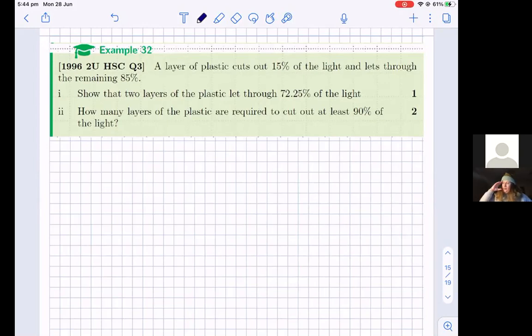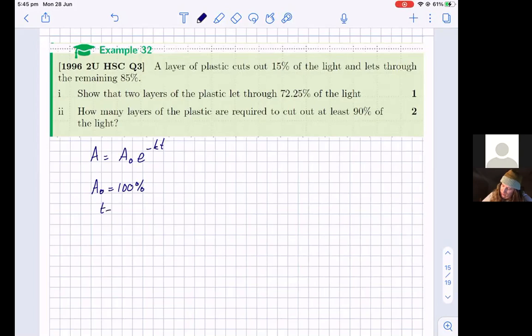Oh, let's just have a go treating it as an exponential. So let's do a equals a naught e to the minus kt. T will just be the layers for this question. So a naught is 100%.